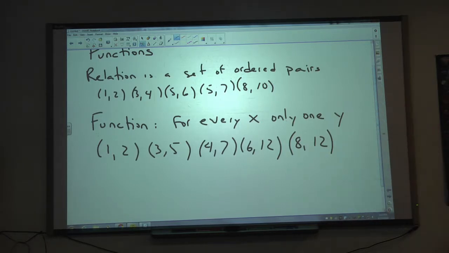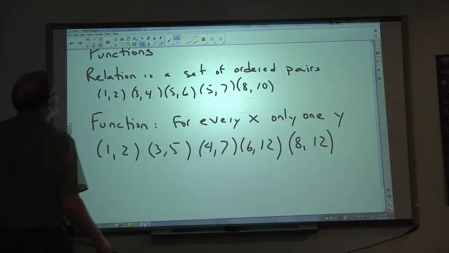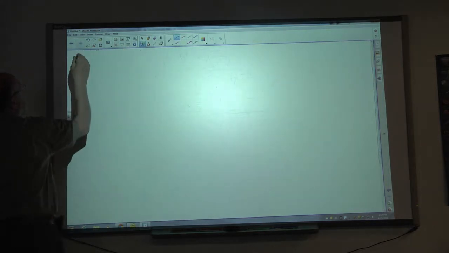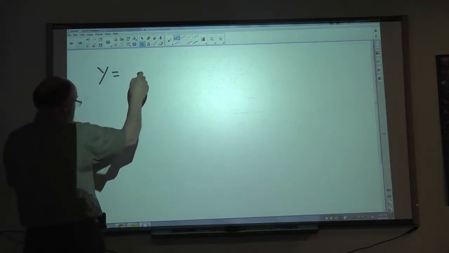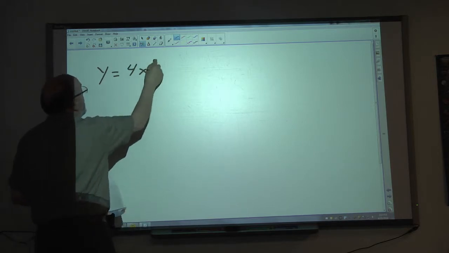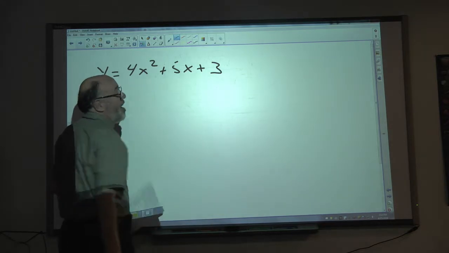So given a set of points, can you tell if it's a function or not? Another thing is, given an equation, is it a function or not? So for example, if I have this, is that a function?